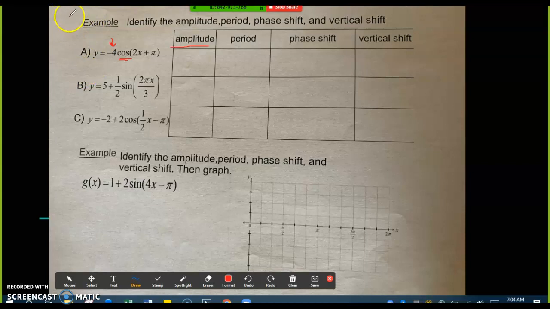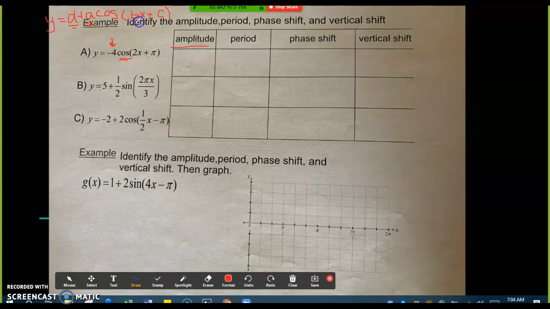Remember, this is going to be y equals D plus A times cosine, or it could be sine, of BX plus C. Okay, so this way we can realize what we're looking for.